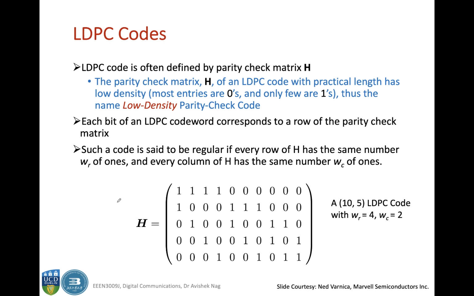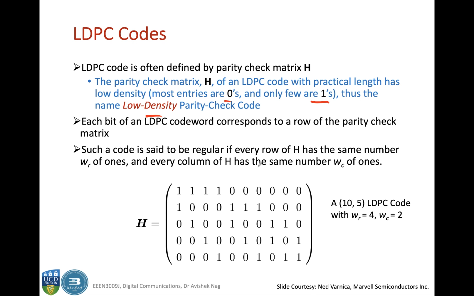LDPC codes are often defined by the parity check matrix H. The parity check matrix of an LDPC code is a special matrix as compared to other forms of Hamming codes. Most entries here are zeros, and there are only a few ones. Thus the name low density parity check code.